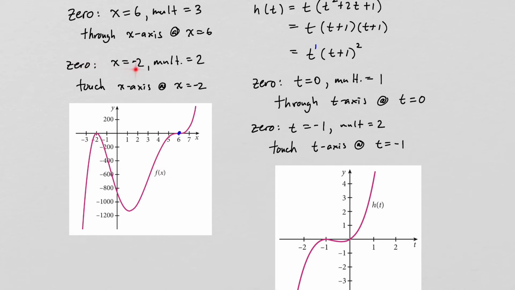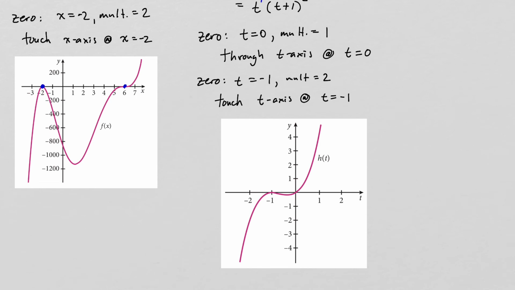At the other 0, which was x equals -2, which is this 0 right here, we said that it was supposed to just touch the x-axis there, and that is what happened. It came up and touched the x-axis, but it did not pass through it. So we were correct on that one.